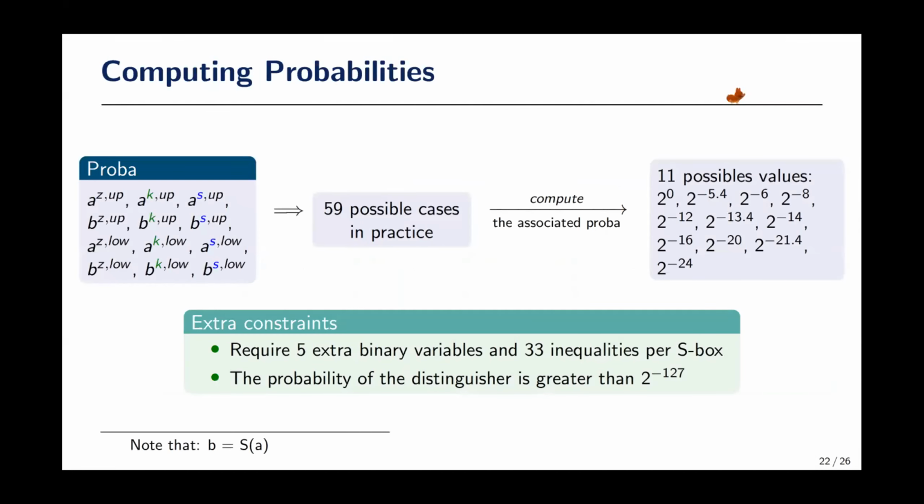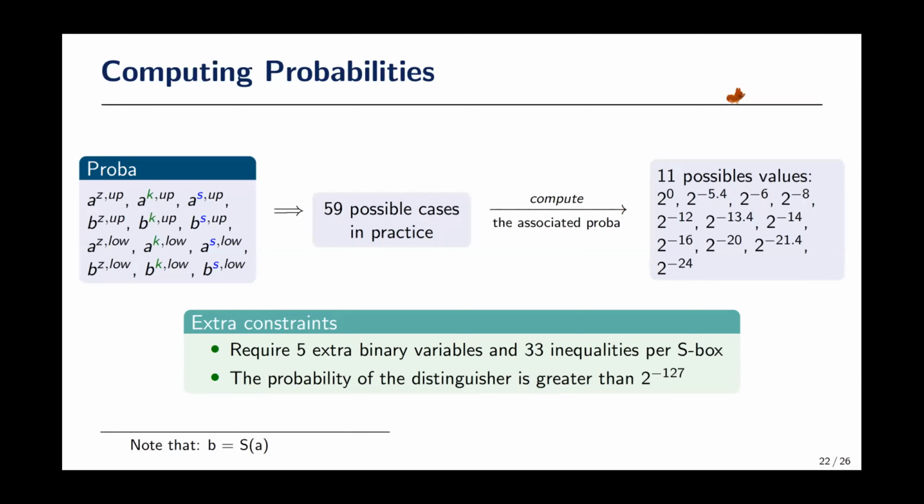So how do we compute the probability? The probability depends on the trail variables for the upper and lower trail, for the input and output differences. These are the Z, K, and S variables. In practice, we found 59 possible K, and we need to compute the probability for each K, and we found 11 possible probabilities.